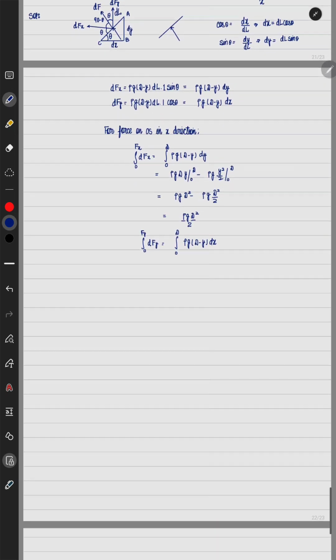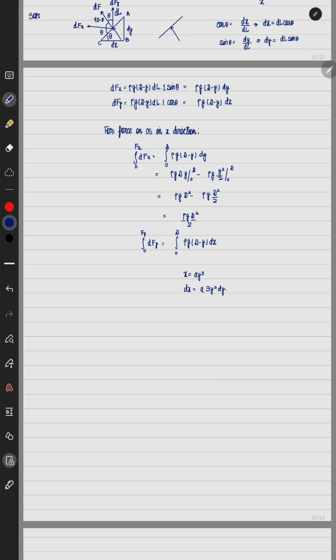This is the formula. Now y and x are both varying, but we have the equation which represents x equal to a y cube. I can find dx: dx is equal to a into 3y square dy.